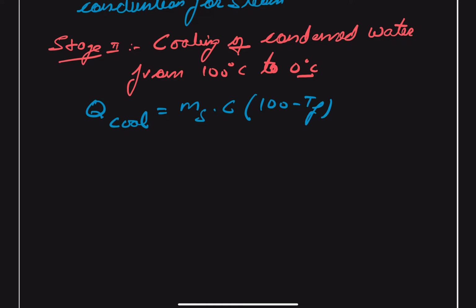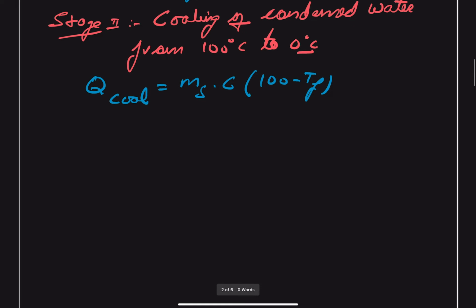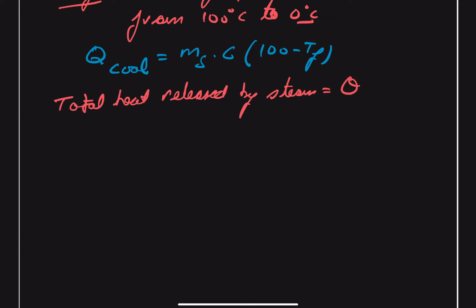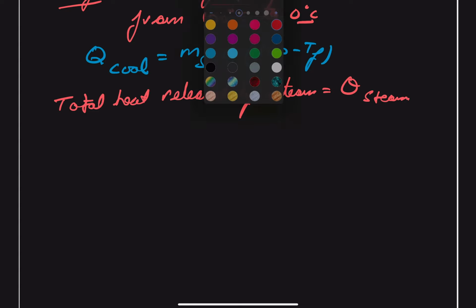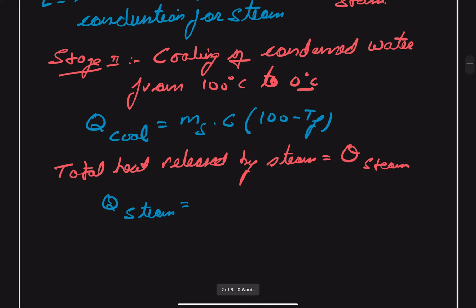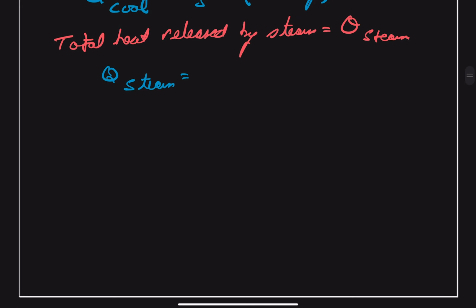Therefore, we can write that the total heat released by steam, let us call that Q steam, will be equal to Q condensation plus Q cool.